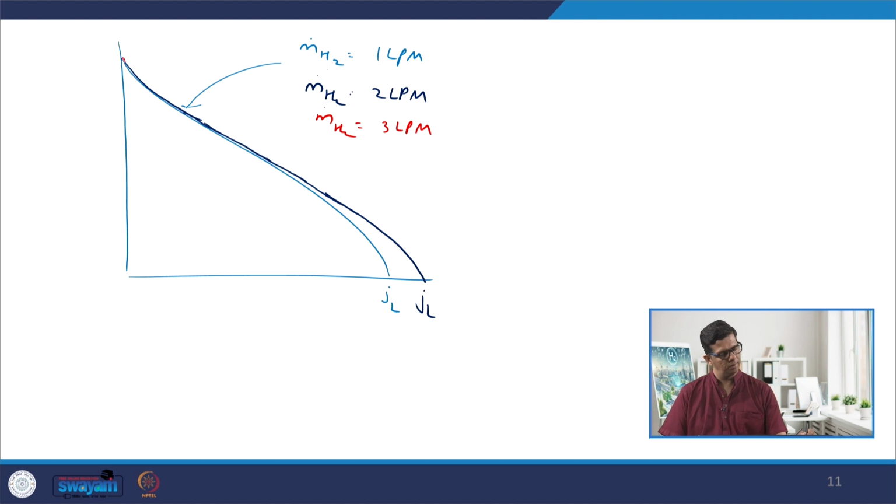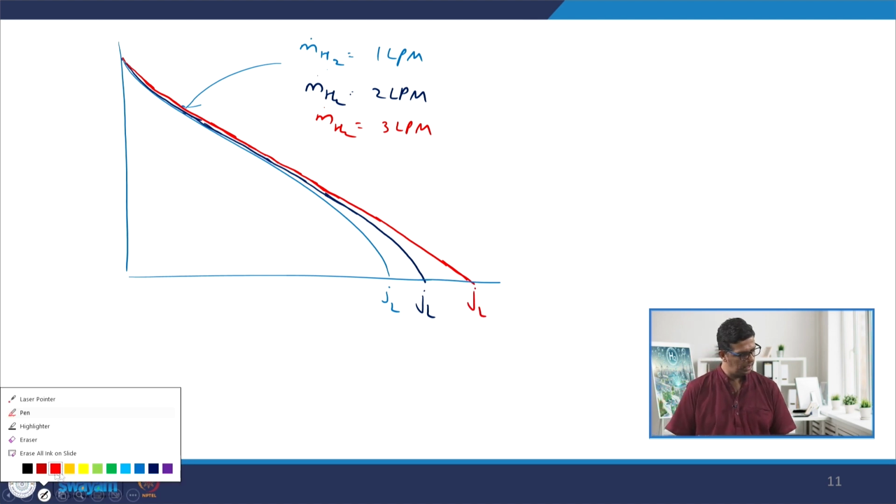Still the IV curve will fairly remain the same. I am just trying to draw this separately, otherwise theoretically all these curves will overlap at least till the ohmic zone, and then it will remain straight. So, this is here.